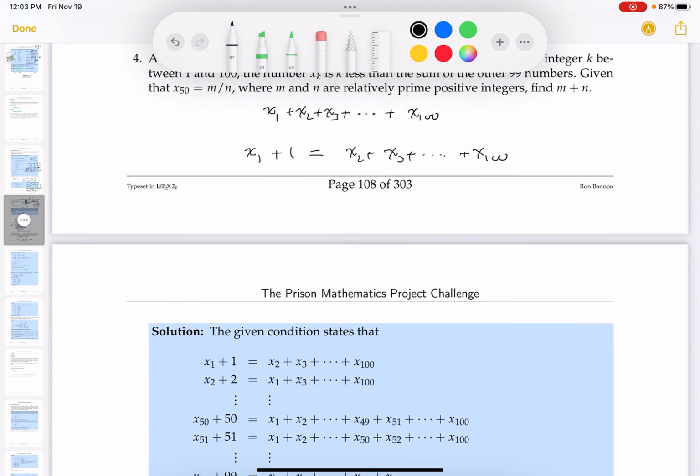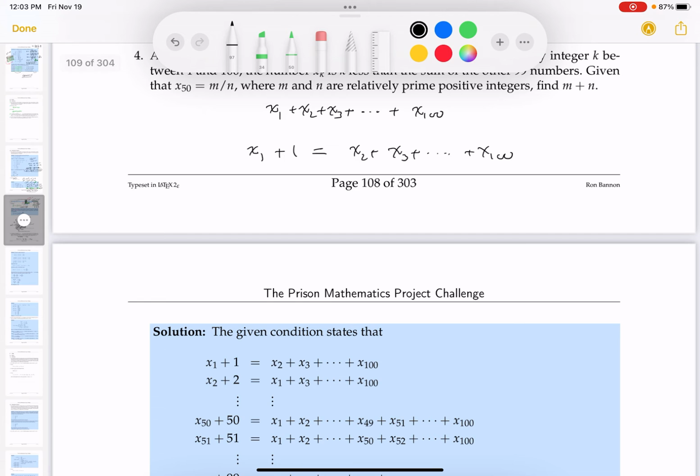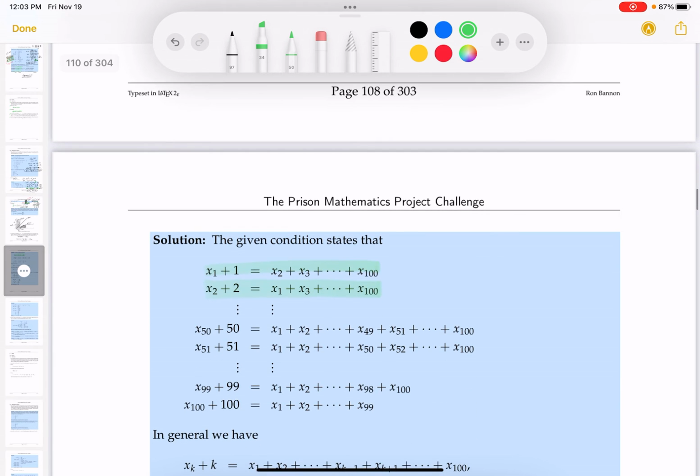So I think I could write a bunch of these things down, and let me point out what I mean by that. I've got this one written down. Now, if you did x2, it's going to be x2 plus 2, and of the sum, x2 would be missing. Not that I'm going to write this down, but if you wrote down x3 plus 3, it would be x1 plus x2 plus x4 plus yada, yada, yada, up to x100.